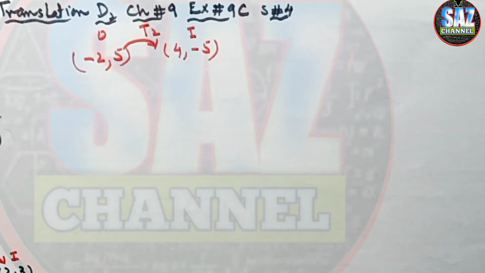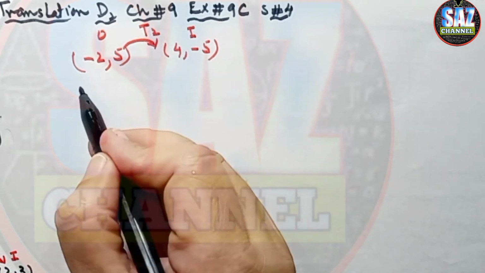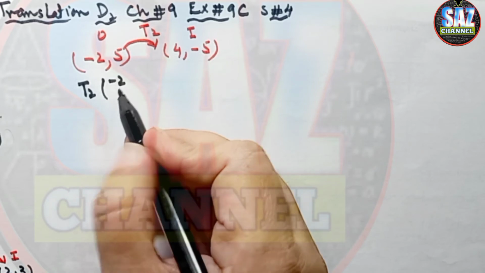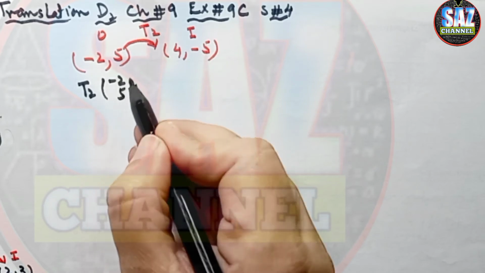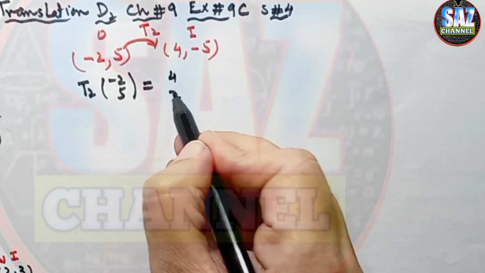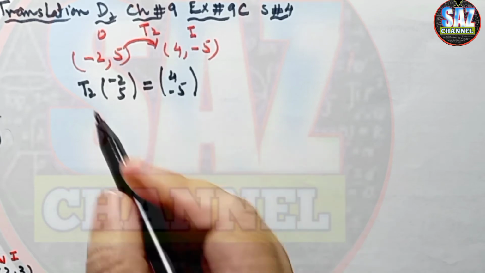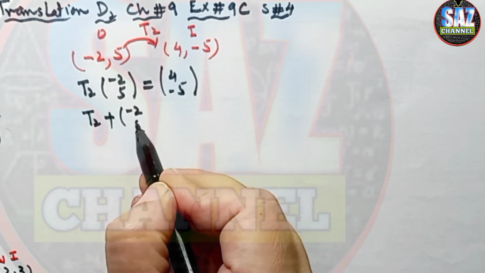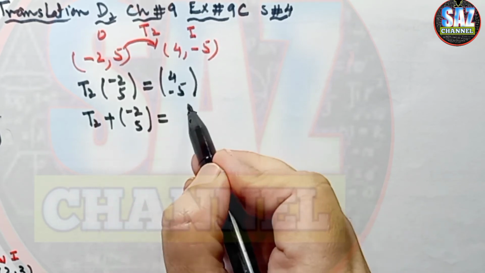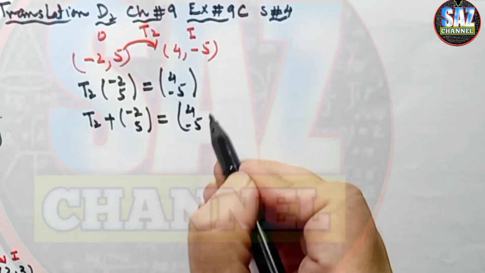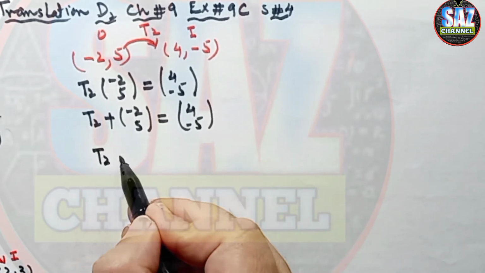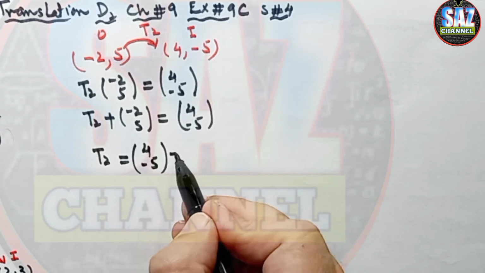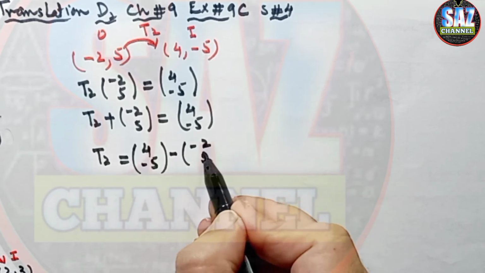So when T2 vector is applied on minus 2 and 5, it gives me the image 4 and minus 5. Now T2 plus minus 2 and 5 equals to 4 and minus 5. T2 equals to 4 and minus 5 minus minus 2 and 5.